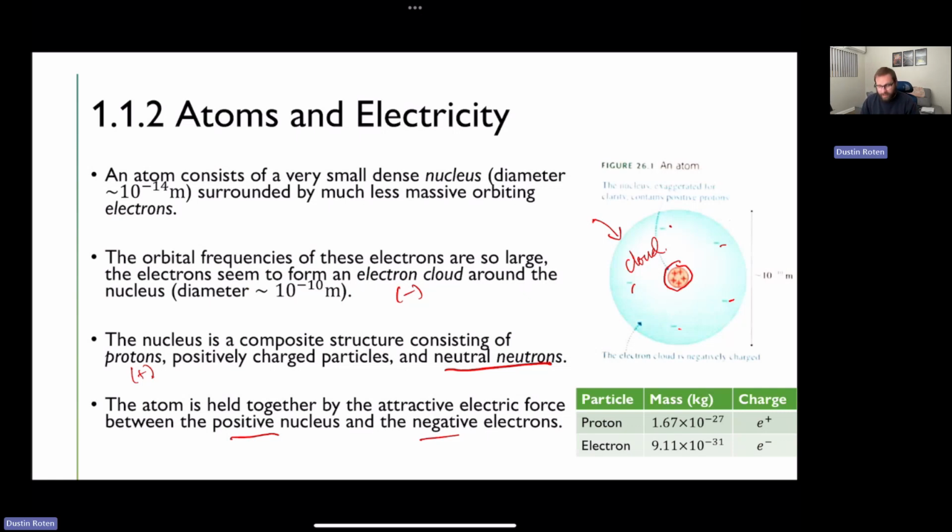So if you're interested, we have the mass of the electron and protons here. You'll notice that the proton is actually much heavier, but they have the same charge. We represent the value of the charge as just e positive.